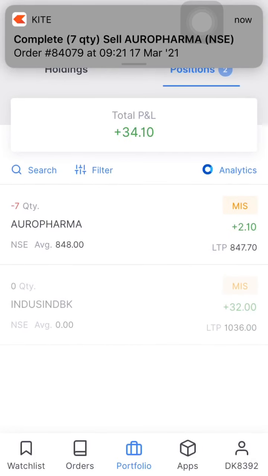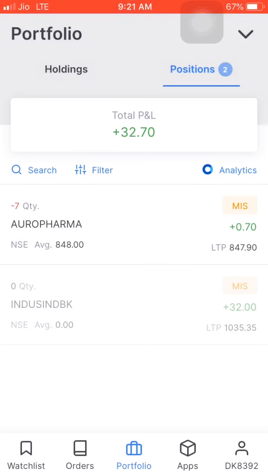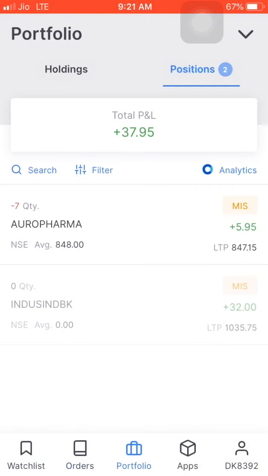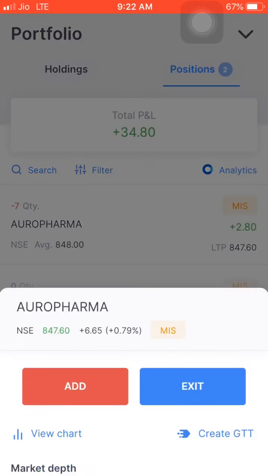Guys, our Aurobindo Pharma order of 8 quantities has been executed on a short position, and we are waiting for our targets. Aurobindo Pharma. Let's check the charts.